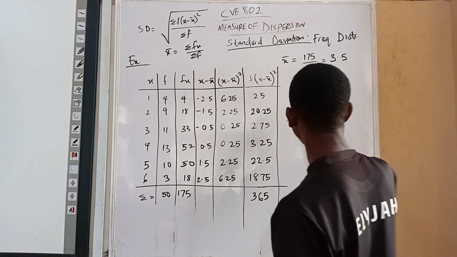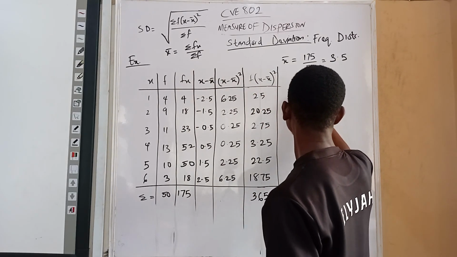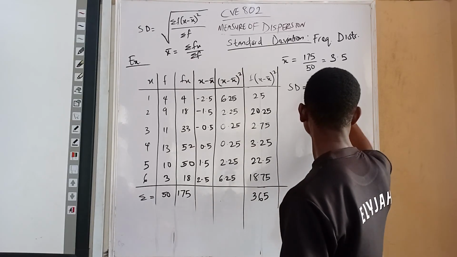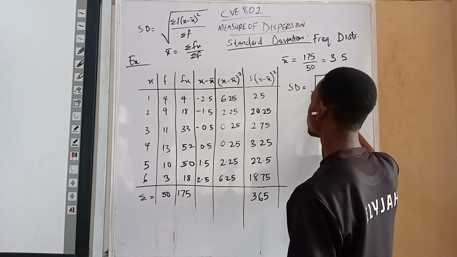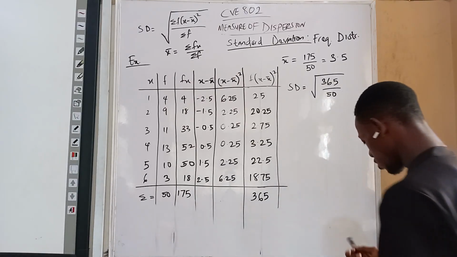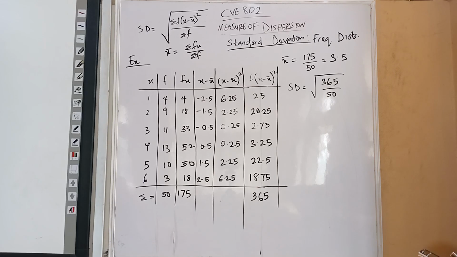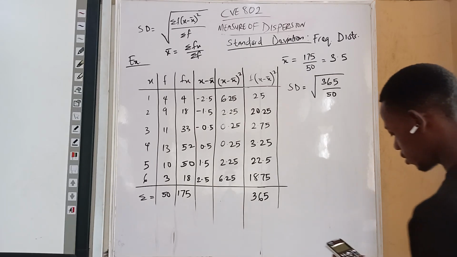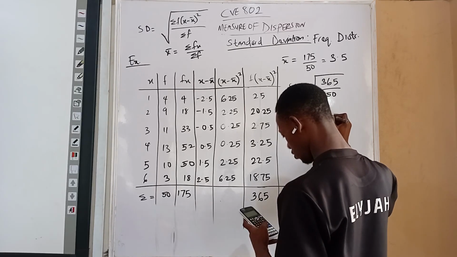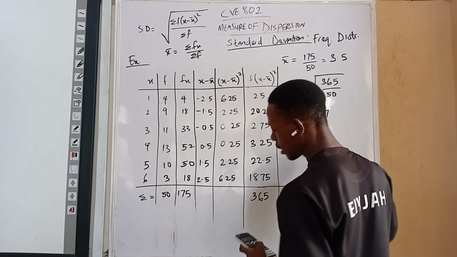So our standard deviation equals square root of 365 divided by 50. 365 divided by 50 gives us 7.3. The square root of 7.3 gives us 2.7, that's the standard deviation.